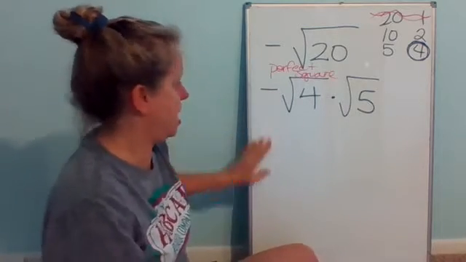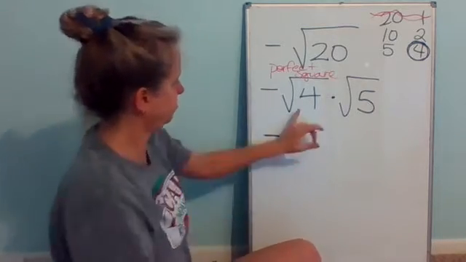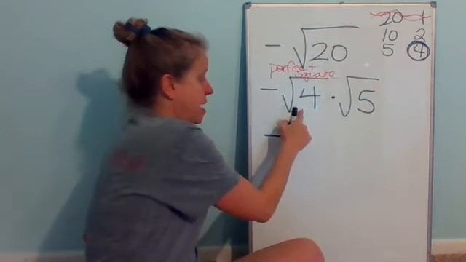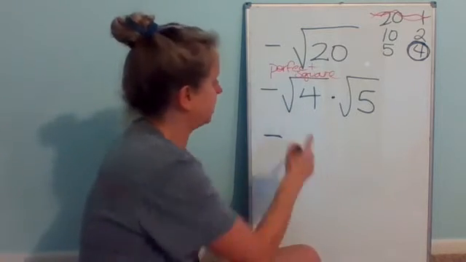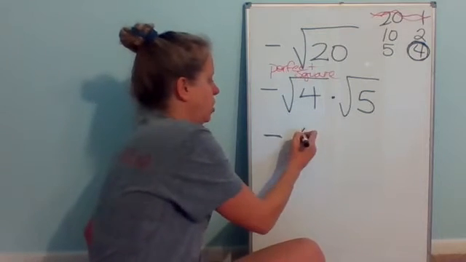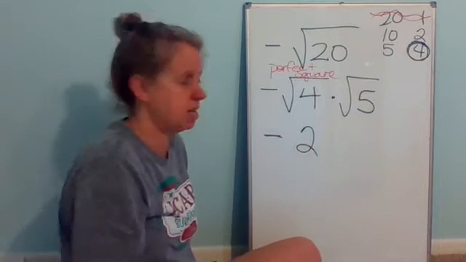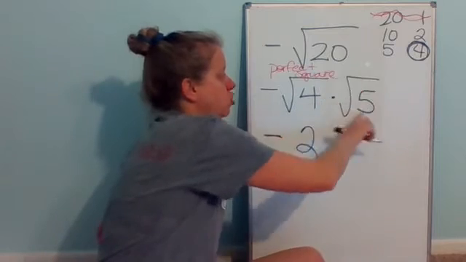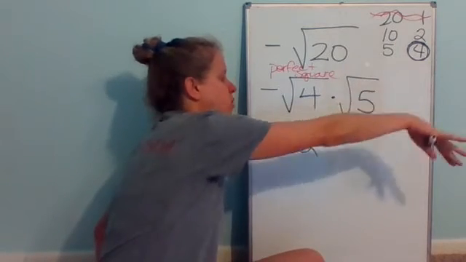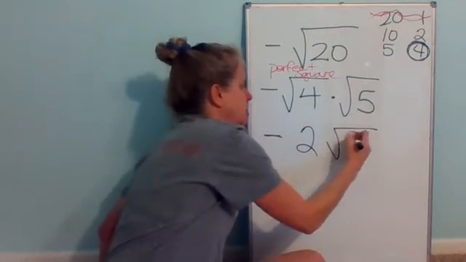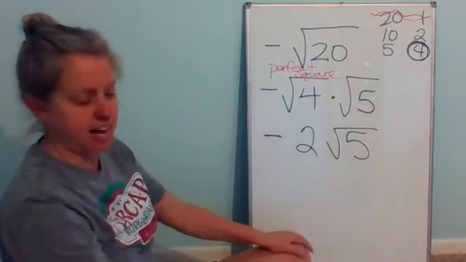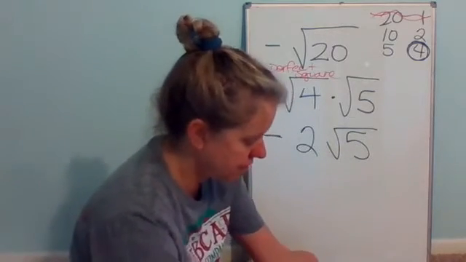Now, this negative again, it's just going to come down. The square root of 4, since I made it be a perfect square, I know I can take the square root of that. What is the square root of 4? 2. It always happens with your trash radical, the one that you just put whatever was left over in. It just comes down exactly like it is. Okay?